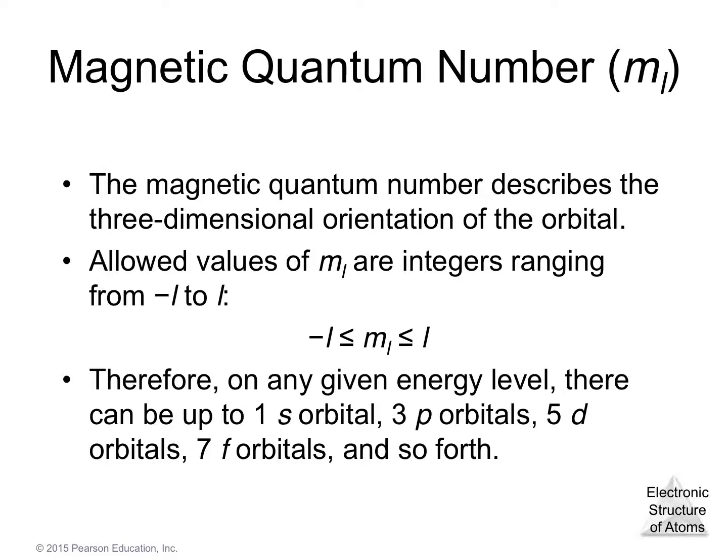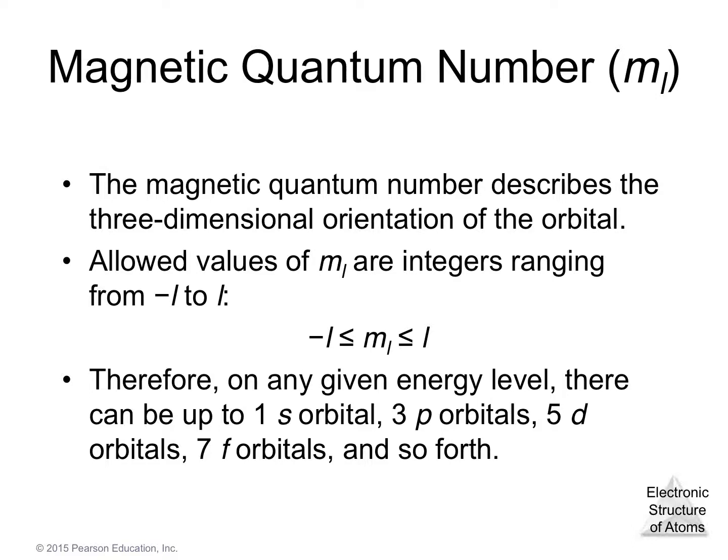The magnetic quantum number describes the 3-dimensional orientation of the orbital. The allowed values depend on the L value. So if your L value is 2, then your magnetic quantum number can be anywhere from -2 to 2. It's going to be integers: -2, -1, 0, 1, or 2.